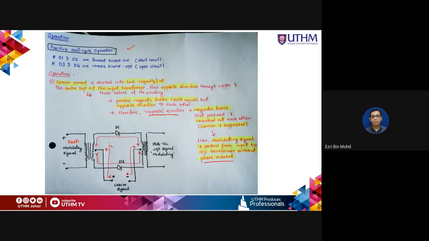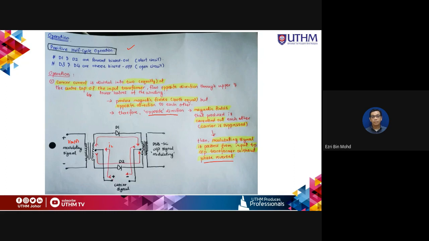So the current from the carrier signal is divided into two equally at the center tap of the input transformer, while the modulating signal VMT flows in opposite directions through the upper and lower halves of the winding.